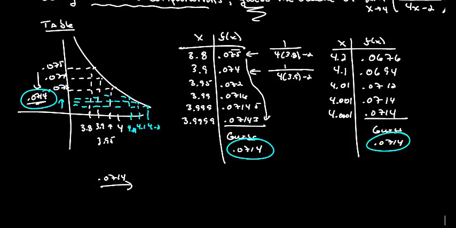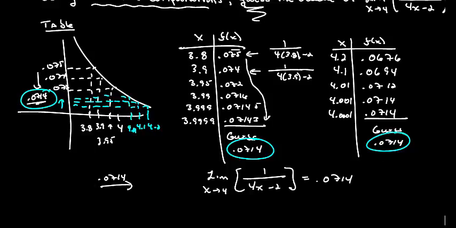And the idea is that if they both are trending to the same thing, then the limit exists. And the limit as x approaches 4 of 1 over 4x minus 2 is equal to 0.0714. These guys have got to both agree. If one is approaching a number and the other one's approaching a different number, all bets are off.